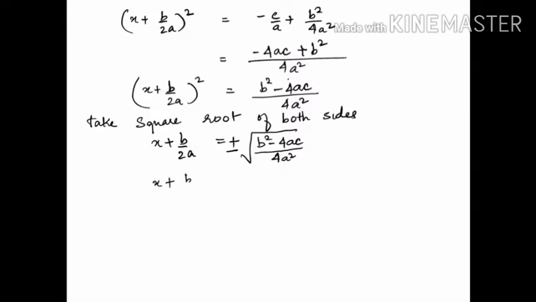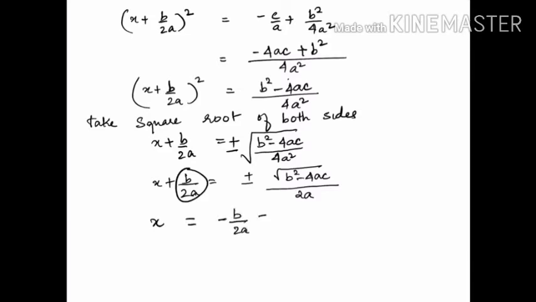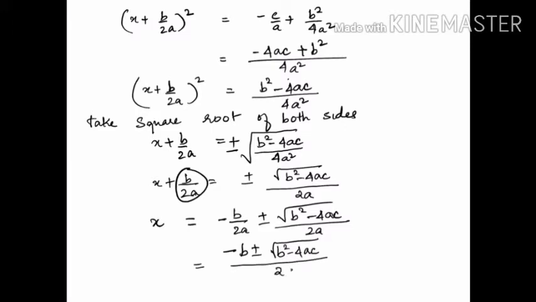So x plus b upon 2a is equal to plus minus square root of b square minus 4ac divided by 2a. Now shifting b upon 2a to the right side, we get x equal to minus b upon 2a plus minus root of b square minus 4ac divided by 2a. We can add these two terms: minus b plus minus root of b square minus 4ac divided by 2a.